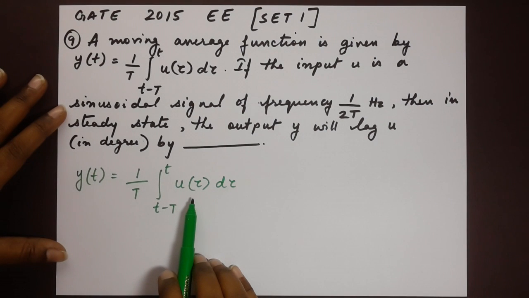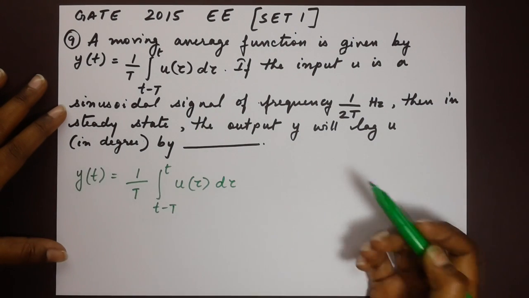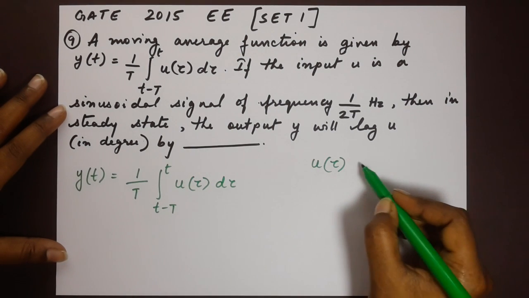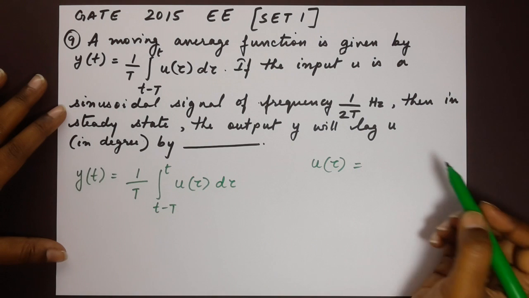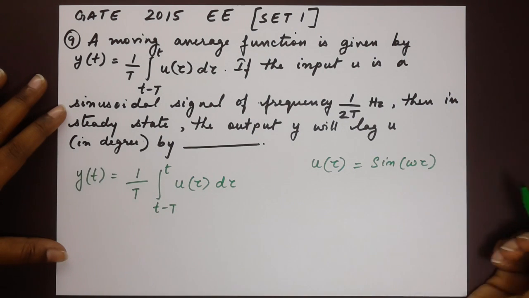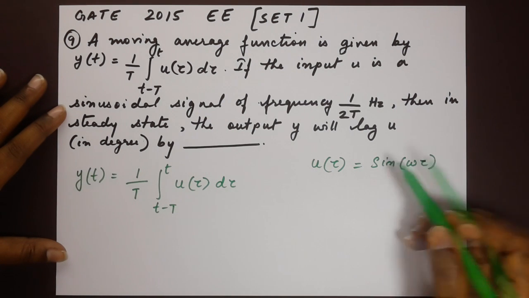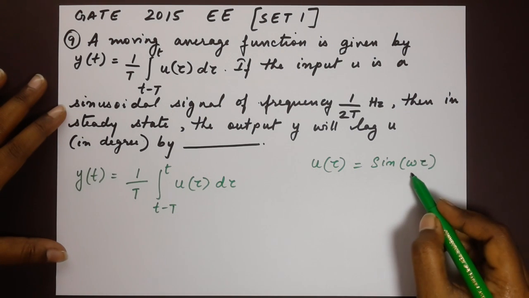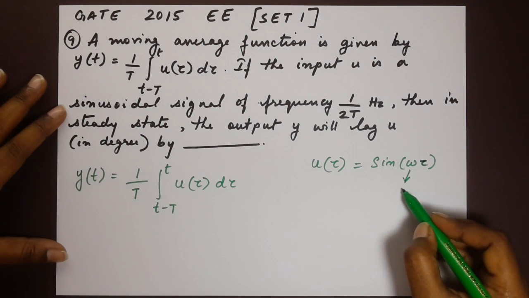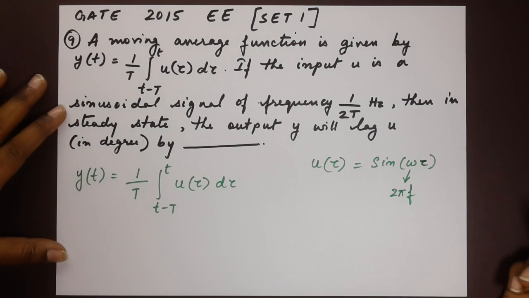Now u is given as a sinusoidal signal, so let's assume and write it as sine of omega tau, where omega is the angular frequency, and we know the formula 2 pi f.